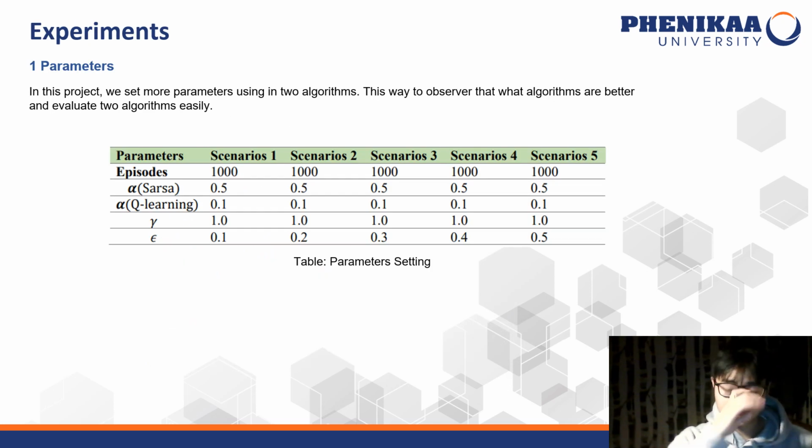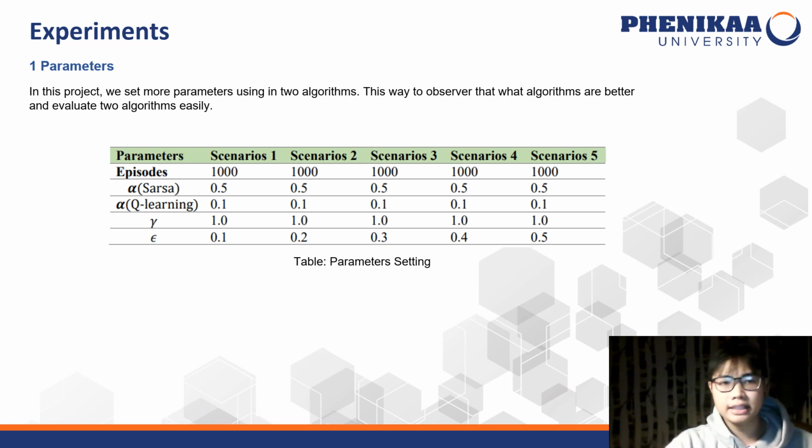Here, by using the two algorithms, we do experiments in the cliff walking environment. First of all, we test parameters. In this project, we set more parameters using the two algorithms, and this way we can observe which algorithm is better and evaluate the algorithms easily.